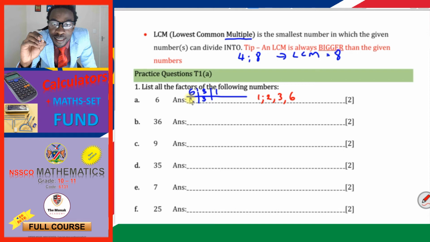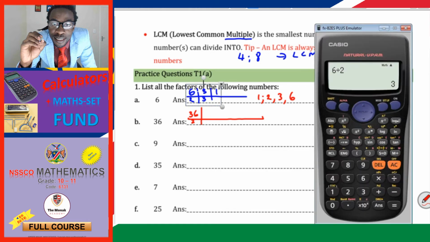How about 36? So 36, we start with 2 again. If you are not sure, the reason why this exam allows you to use a calculator is use it when you have to.